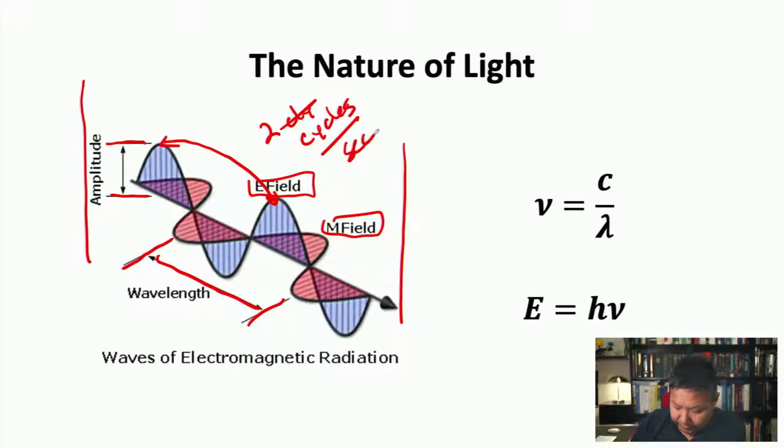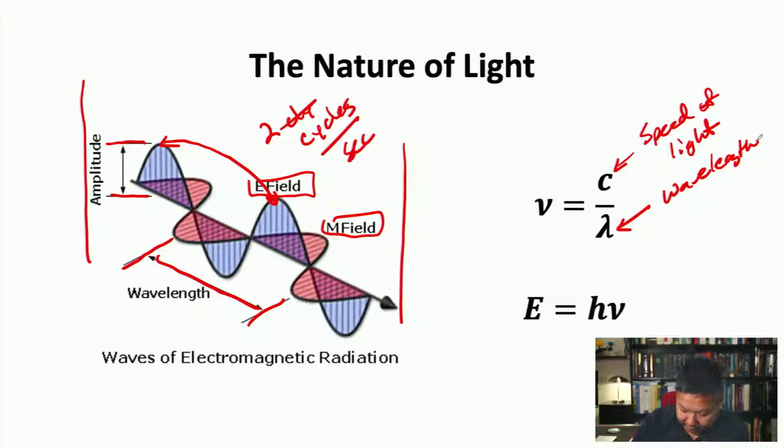Okay. So here we have, my old PChem professor used to always say, "What's new? C over lambda," right? Well, c here is the speed of light, which is a constant. And then this right here is lambda, and that's the wavelength. The wavelength, right? Same as this wavelength over here.